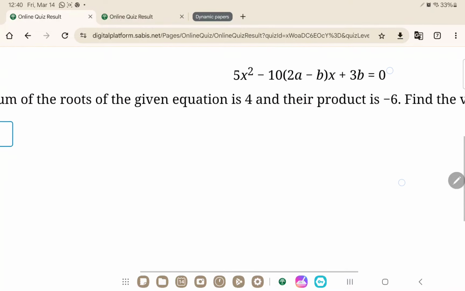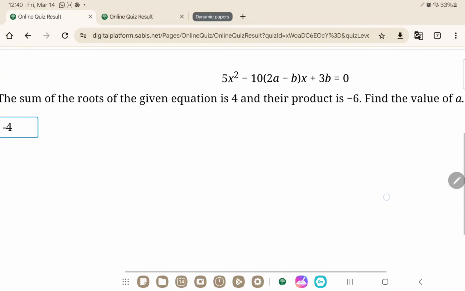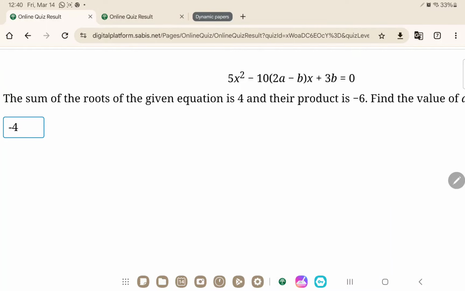Okay, this question is really easy, but it throws a lot of people off. So let's start. What do we know about a quadratic formula? It's written as ax squared plus bx plus c, right? And we know the sum and product theorems: sum equals negative b over a, product equals c over a.